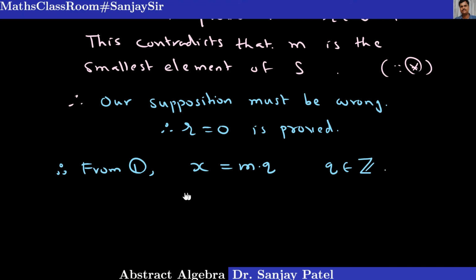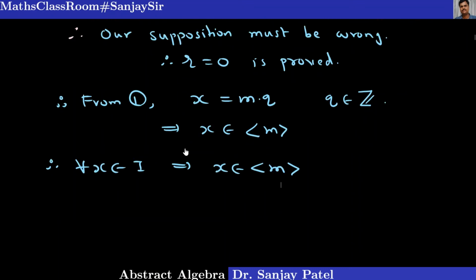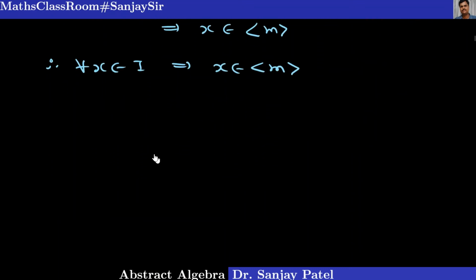This implies X belongs to the set generated by M, because the ideal generated by M is the set of all multiples of M, and I have shown here that X is a multiple of M. So for every X belonging to I, I have proved that X belongs to the set M. And therefore I is a subset of this set. This is my result B.